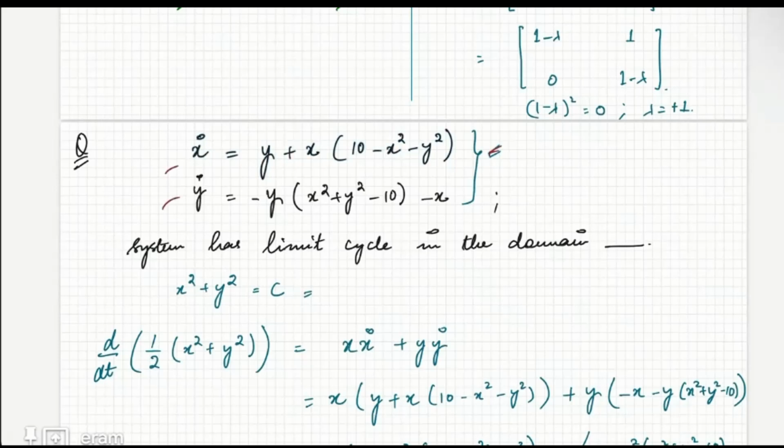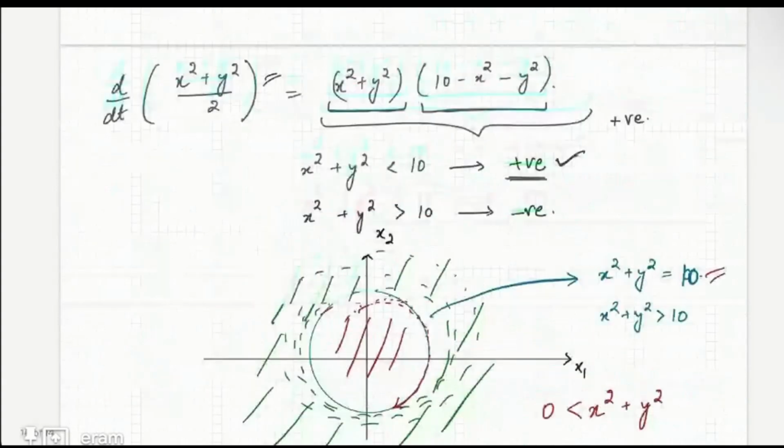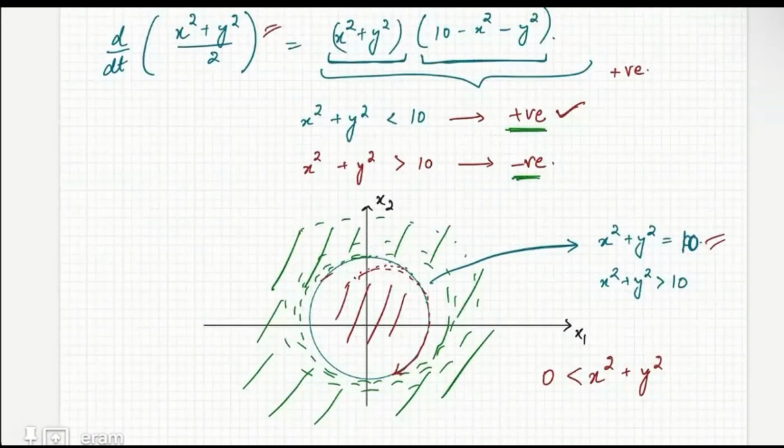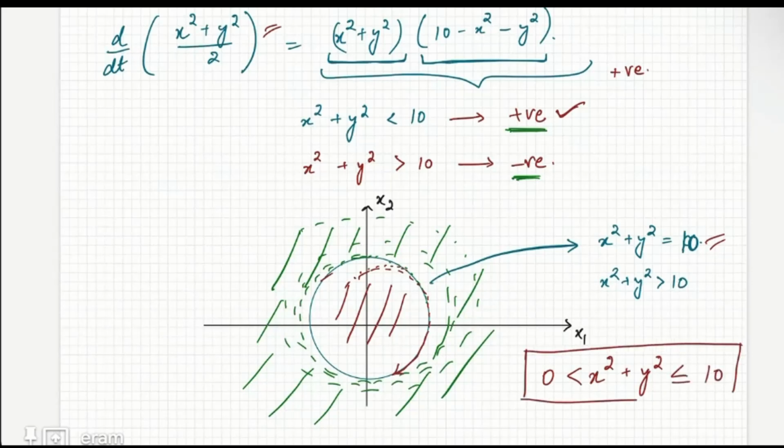So 0 is an equilibrium point, and we must exclude it. So this is the domain on which the limit cycle exists, and the limit cycle is given as x square plus y square equals 10.